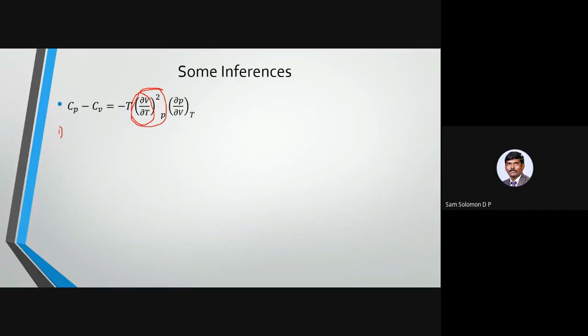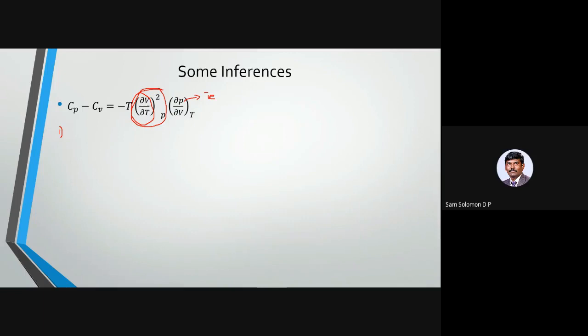Okay, we know that Cp minus Cv is positive. But you have a negative sign here. Temperature is never going to be negative. So this partial P by partial V at constant T is supposed to be negative. Okay.